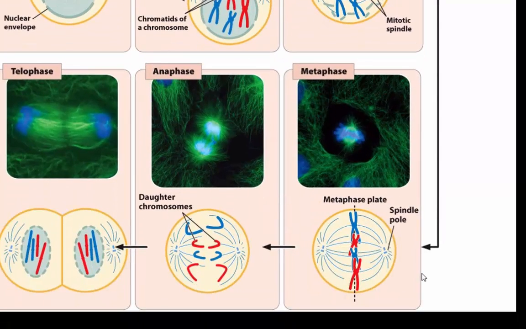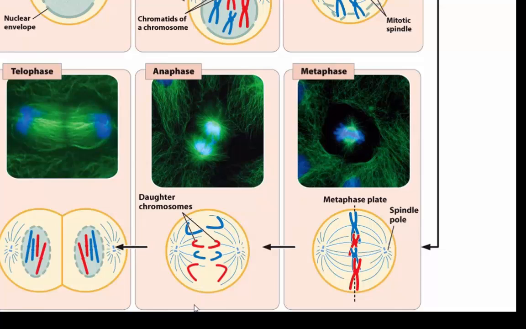Next comes metaphase, and during metaphase, those sisters line up along the equator of the cell, which is also called the metaphase plate. At this point, each of those pairs of sister chromatids have a spindle fiber going in either direction. So each pair has been attached to both of the spindle poles.